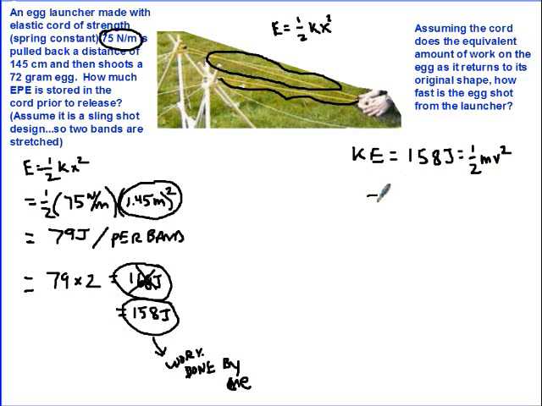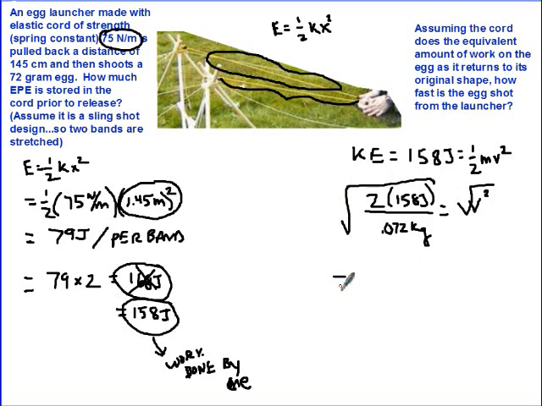So to do that, it'd be 2 times 158 joules, and then I'd have to divide that by the mass of the egg. And the egg in this case is 72 grams. I'm going to put that in as 0.072 kilograms. And then that would be equal to v squared. And I'd again have to take the square root of that in order to get to v.